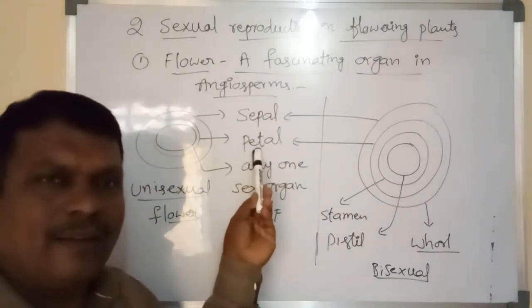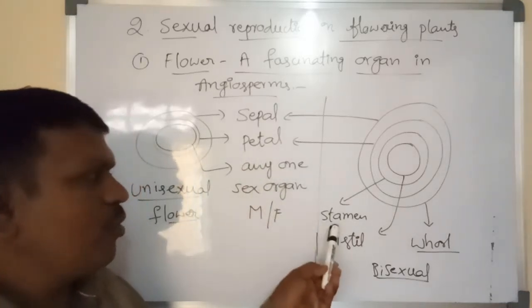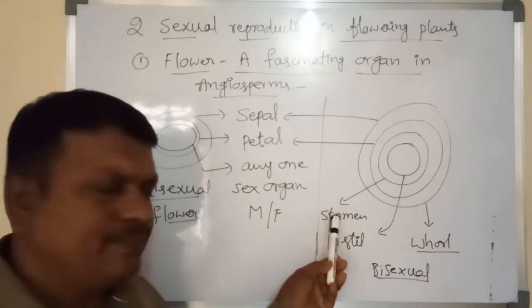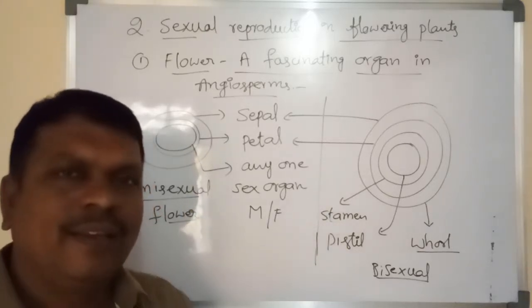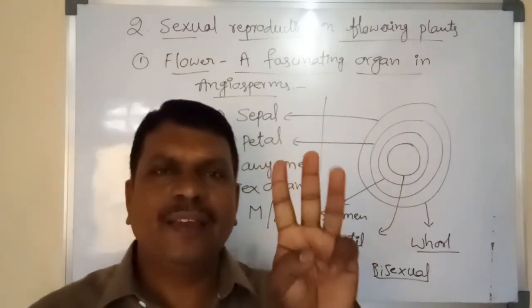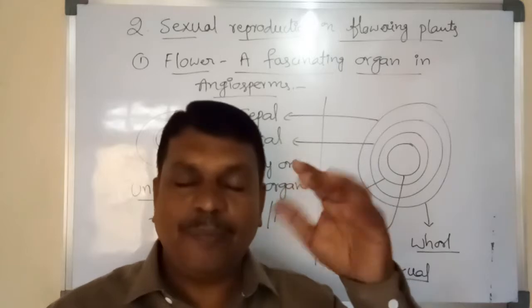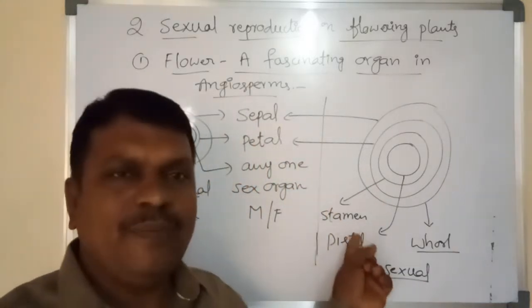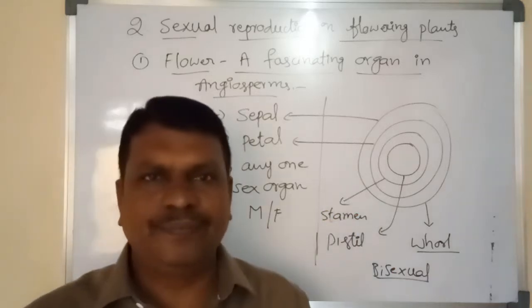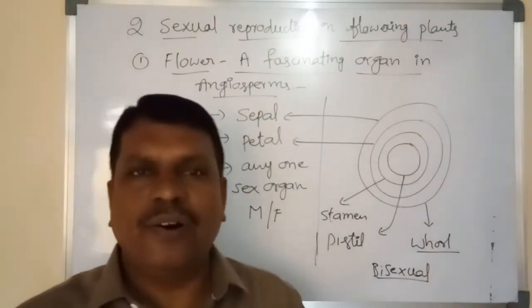Group of petals is termed corolla. Group of stamens, androecium. Group of pistils, gynoecium. Here, androecium and gynoecium are called sex organs. Calyx and corolla are called accessory organs.